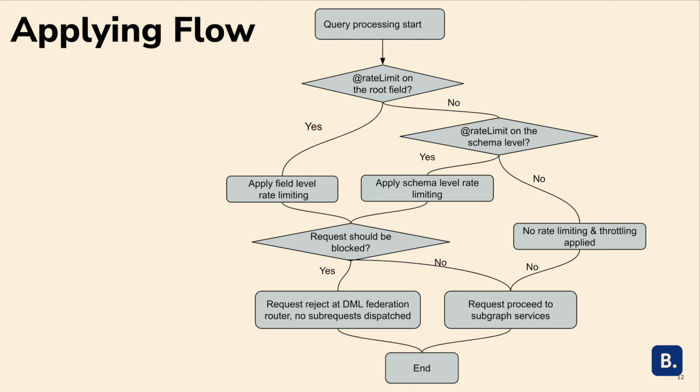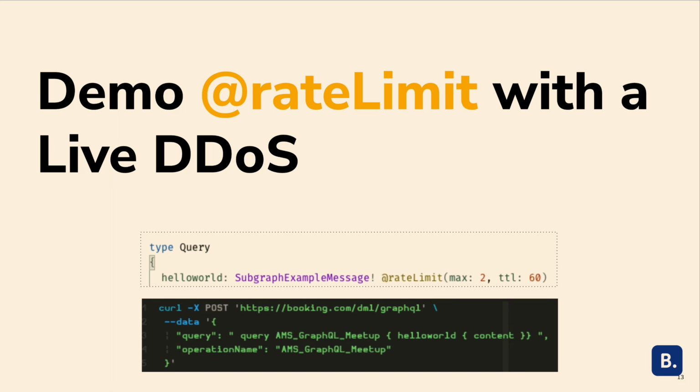Same as the schema level: if there's no root field level directive for that request, it checks whether there is schema level rate limiting, and does the same thing to allow or reject the request. Basically that's it.